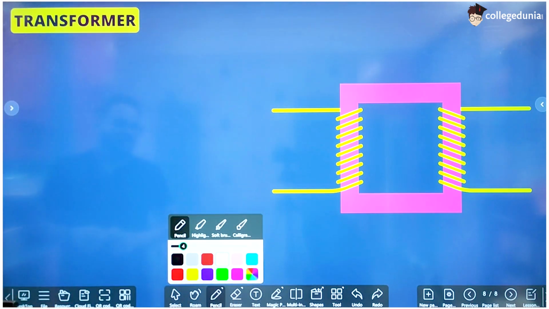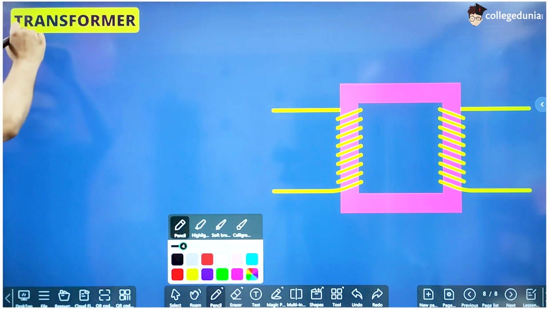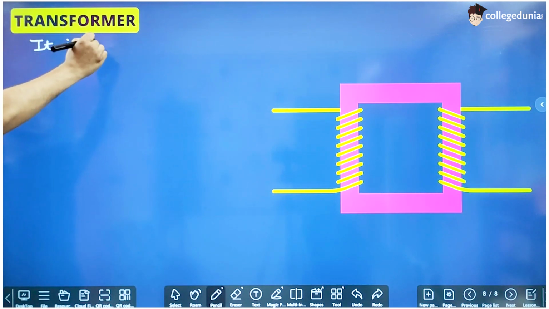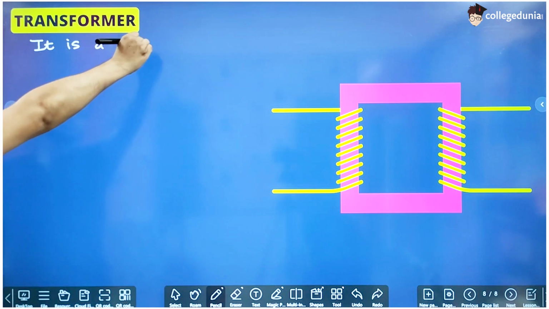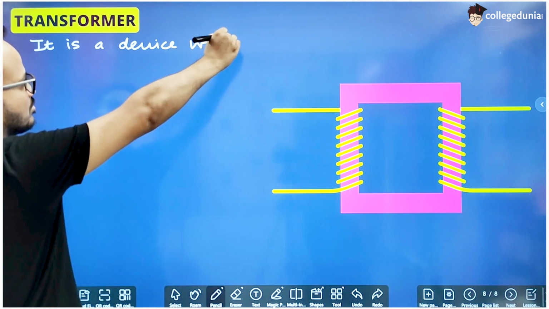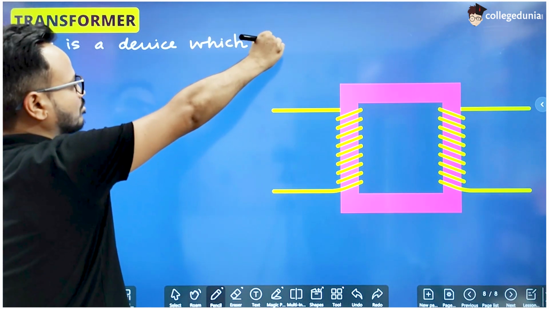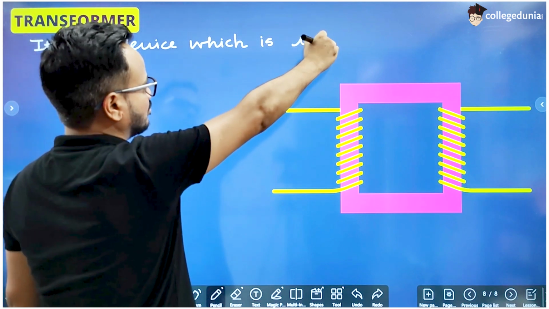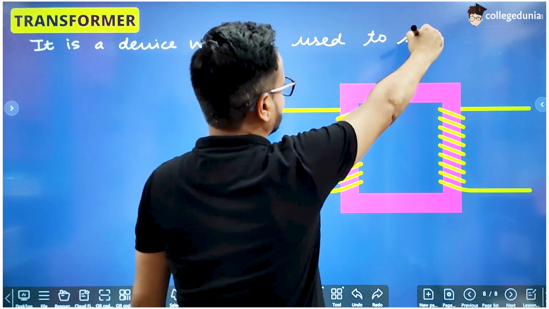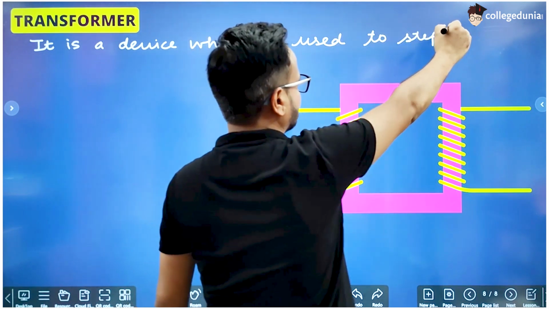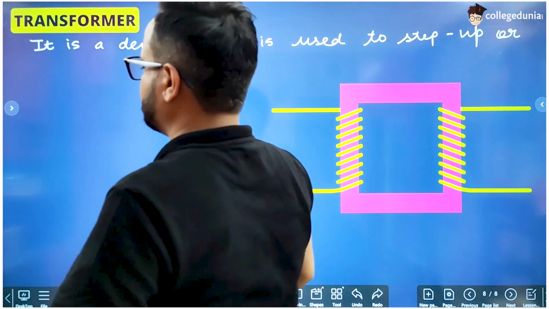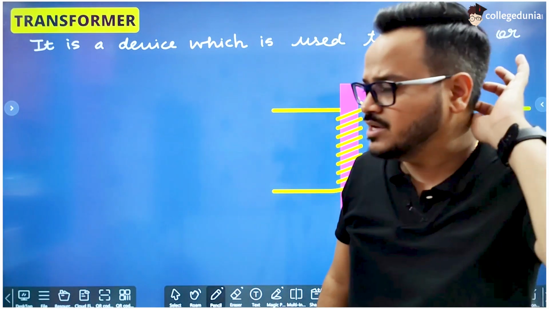Students, transformer is a device which is used to step up or step down. Step up means to increase and step down means to decrease.